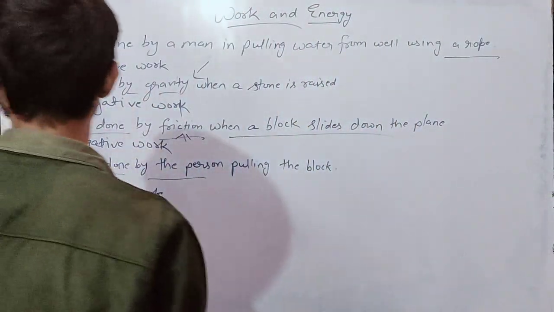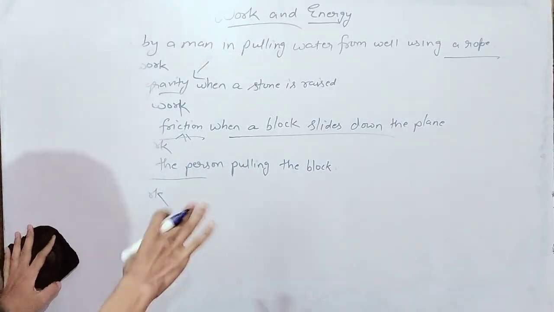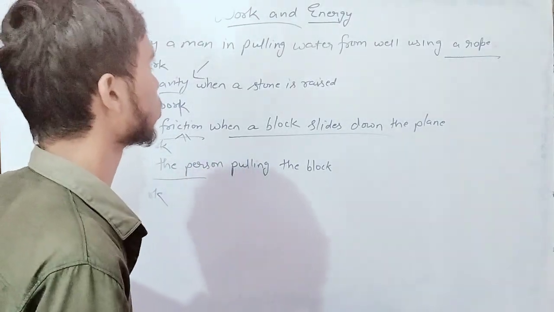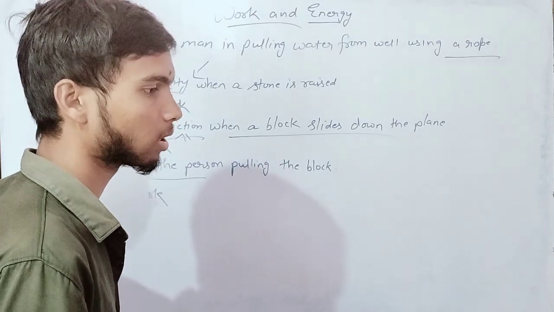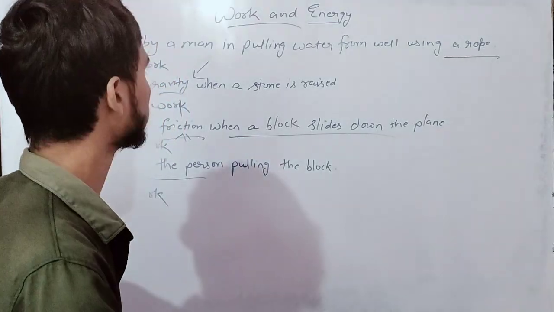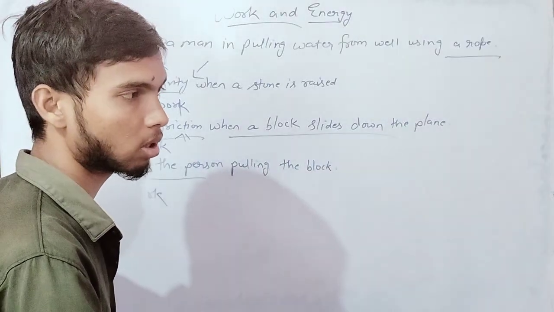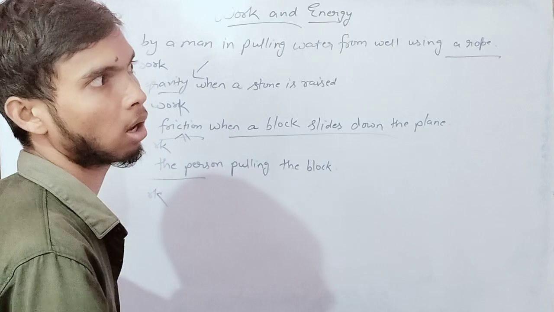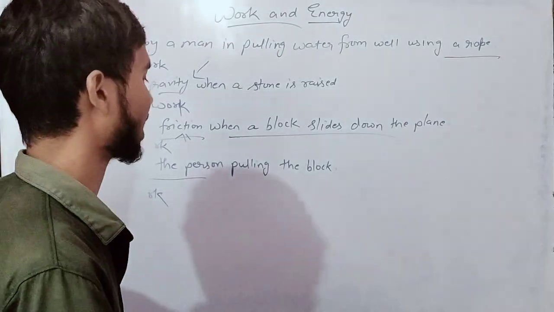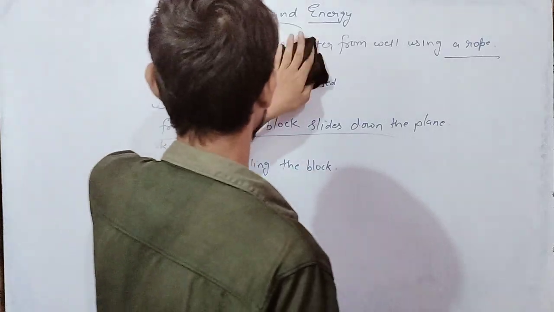We understood the meaning of work. Unit of work is joule. Formula of work done is force multiplied by displacement. We have seen types of work: negative, positive, zero.